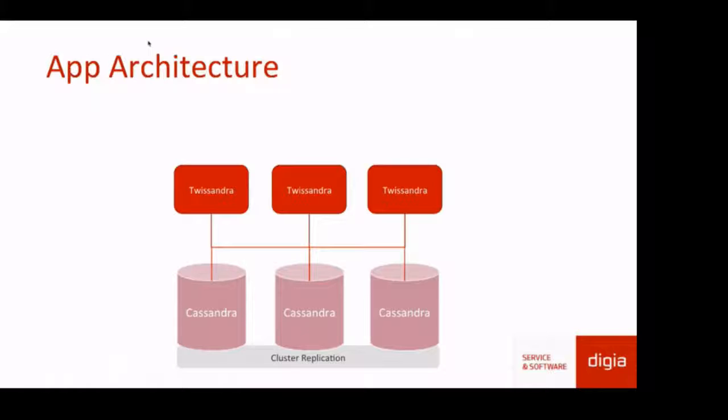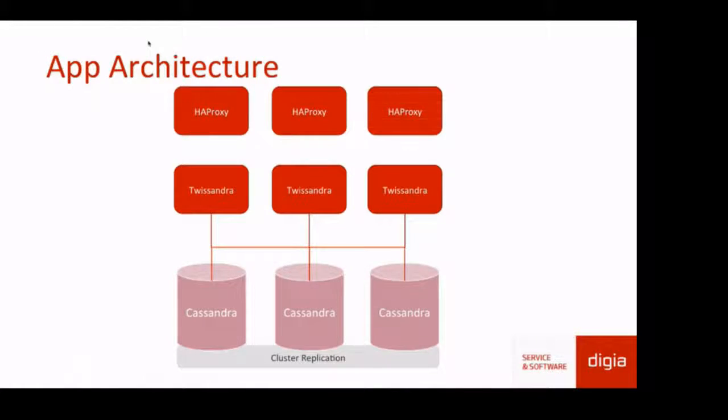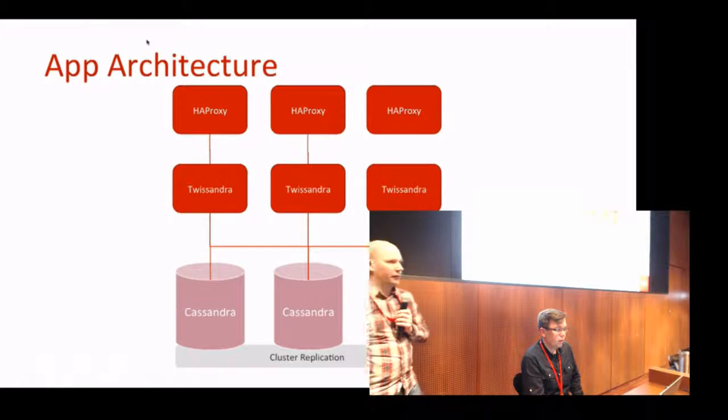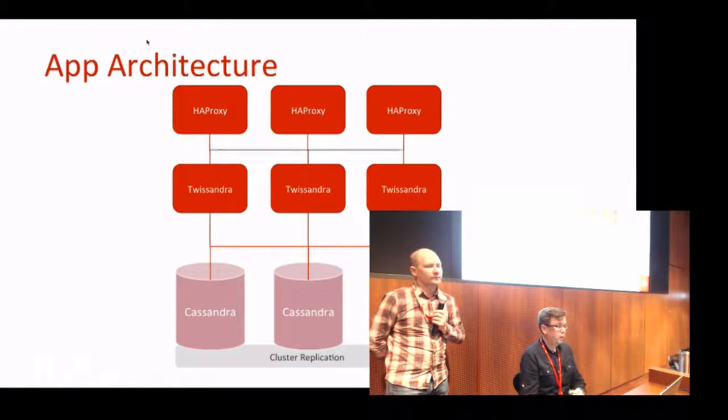So we're gonna slap, surprise, surprise, 3 instances of HA proxy in front of the application. And we're also gonna cross connect that between the nodes and between the containers.